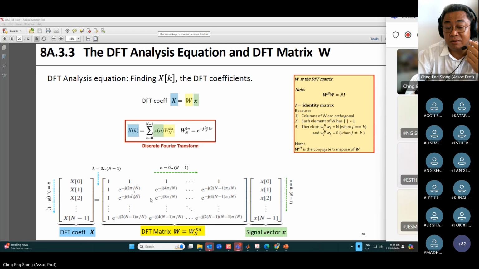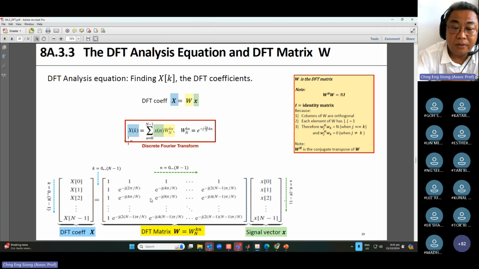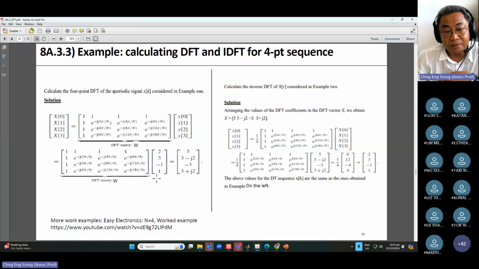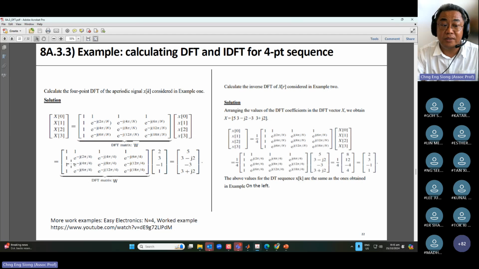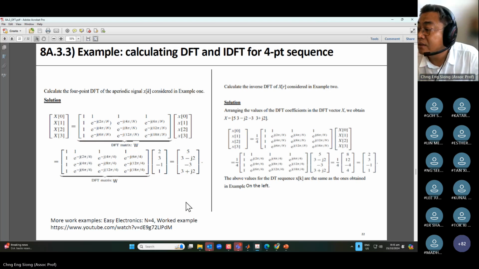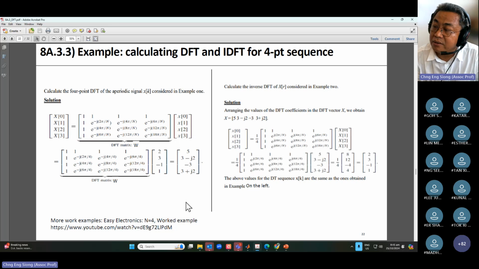But although there is a sine inside each of these elements, actually W is a matrix of numbers. There's no sine and cosine. They are just numbers. It is a square matrix of constant values, and of course it's complex values, but it is just numbers. There's no sine. The Fourier transform function has sine, right?